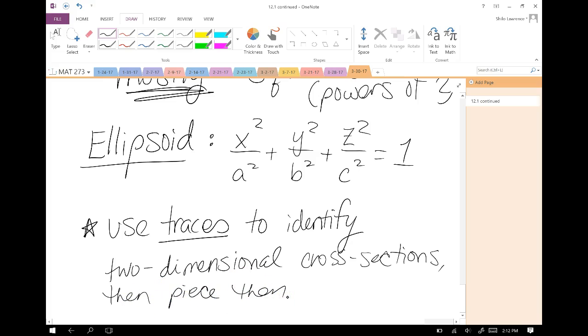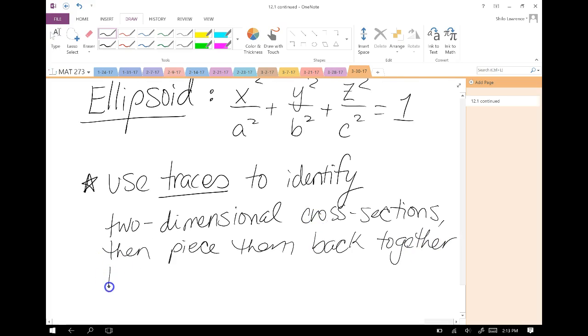So what we're going to do to help us identify these solids is we're going to use traces to identify the 2-dimensional cross sections, and then we're going to piece them back together to create the solid. The easiest way to do a trace is to just let one of your variables equal 0.